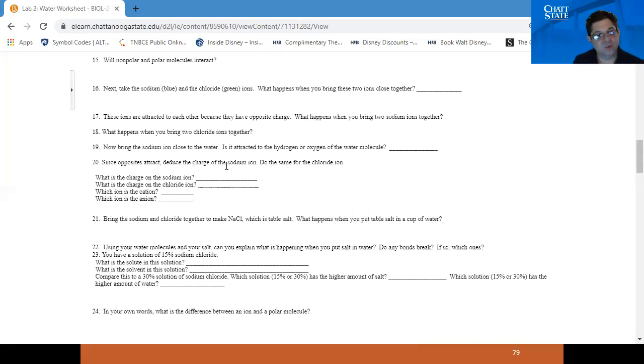Now, if we bring it close to water, remember our hydrogen and oxygen on the water. Which one was more negative, by the way, on the water? Oxygen, very good, because it carried more electrons around it. So if the sodium ion comes close to the water, sodium is positive, which side of it will it attract to on the water? Oxygen, right.